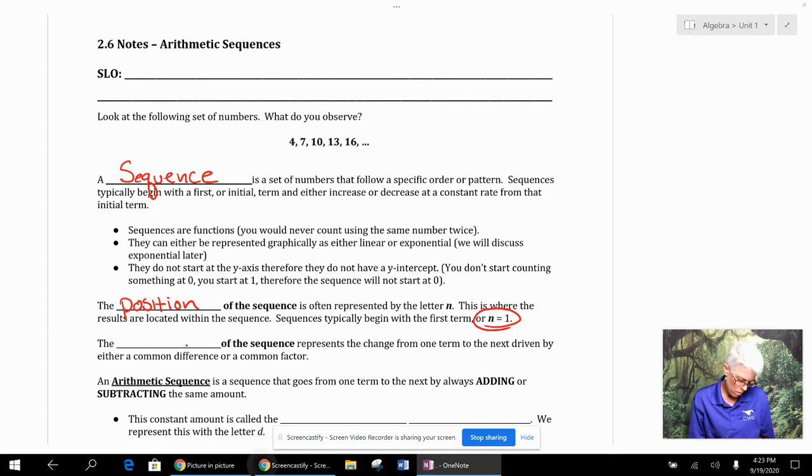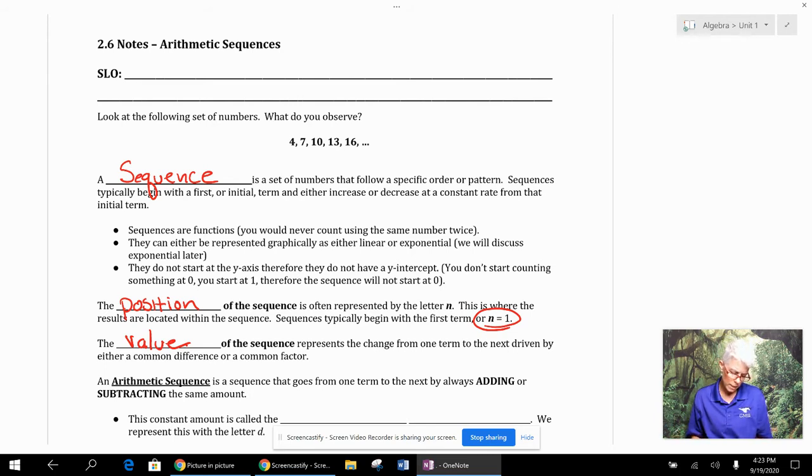The value of the sequence represents the change from one term to the next. So whatever number is in the first position has a value to it. Maybe it's 2. The number in the second position might have the value of 4. The number in the third position might have the value of 6.